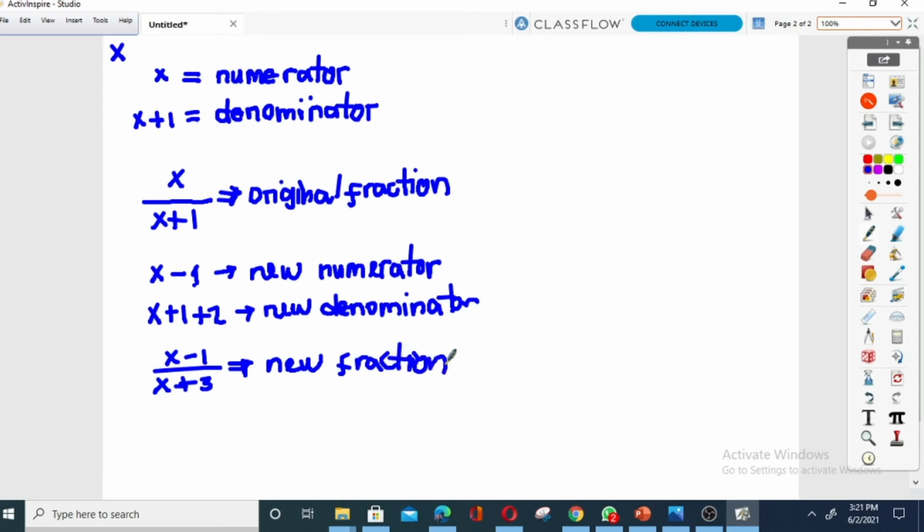Okay. Now the question is, the value of the fraction becomes 2/3. So this means the value of the new fraction becomes 2/3.